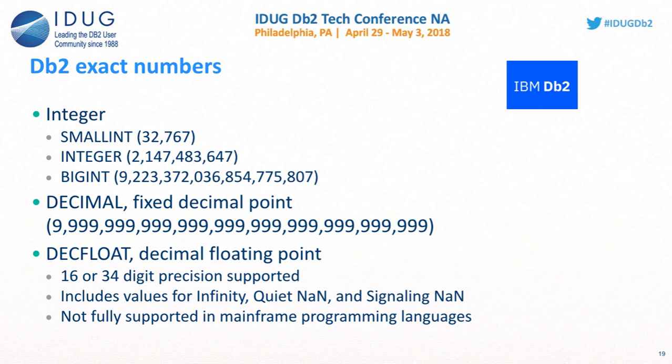We've got lots of options for the numbers, which is three sizes of integer. We've got our decimal, which is fixed point, which for converting over to JSON proves to be a little problematic, but I'm getting ahead of myself.